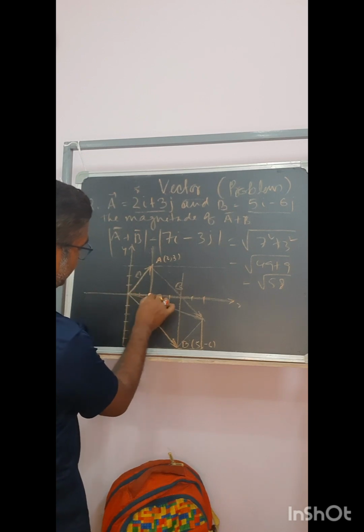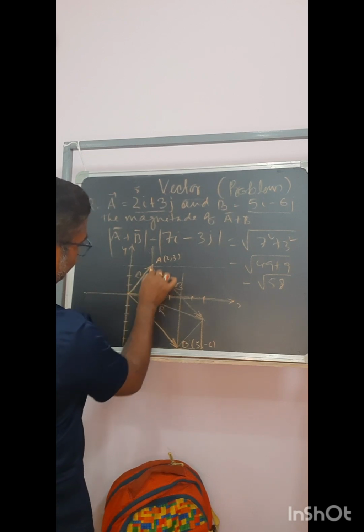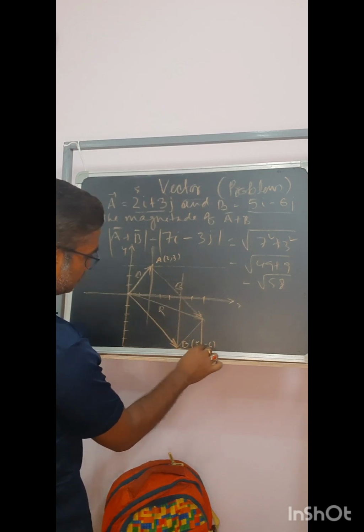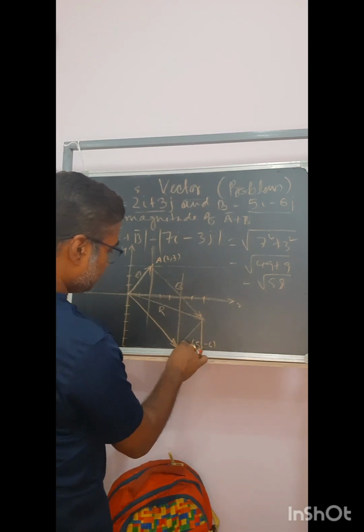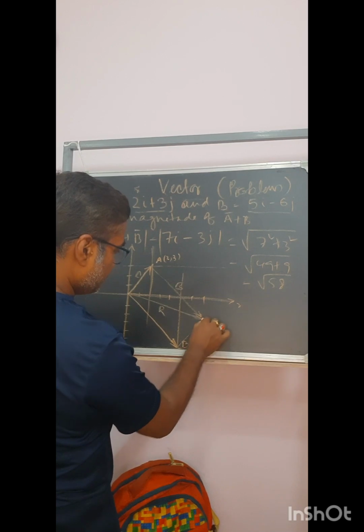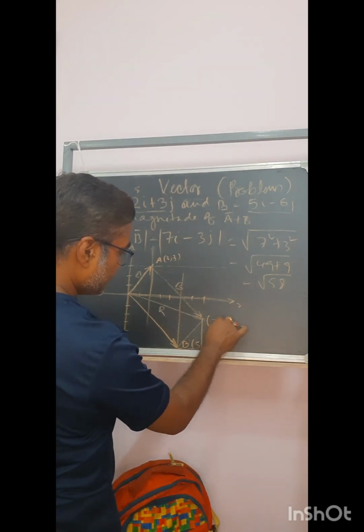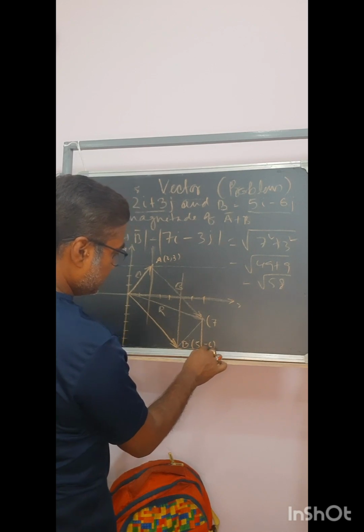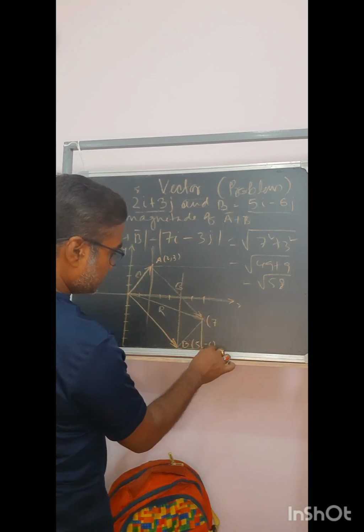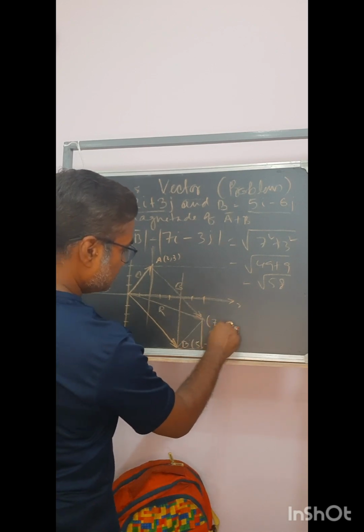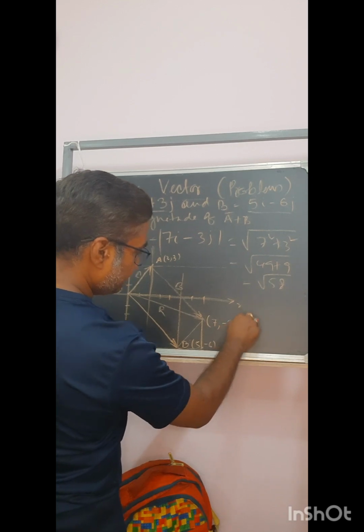So what is the shift here? 2, 3 would be the start vector. So similarly, the head has to shift 2, 3. So if I shift 2, 3 here, what would be your x-axis here? 5 plus 2 would be 7, and 3 positive. So minus 6 plus 3, this will be minus 3.